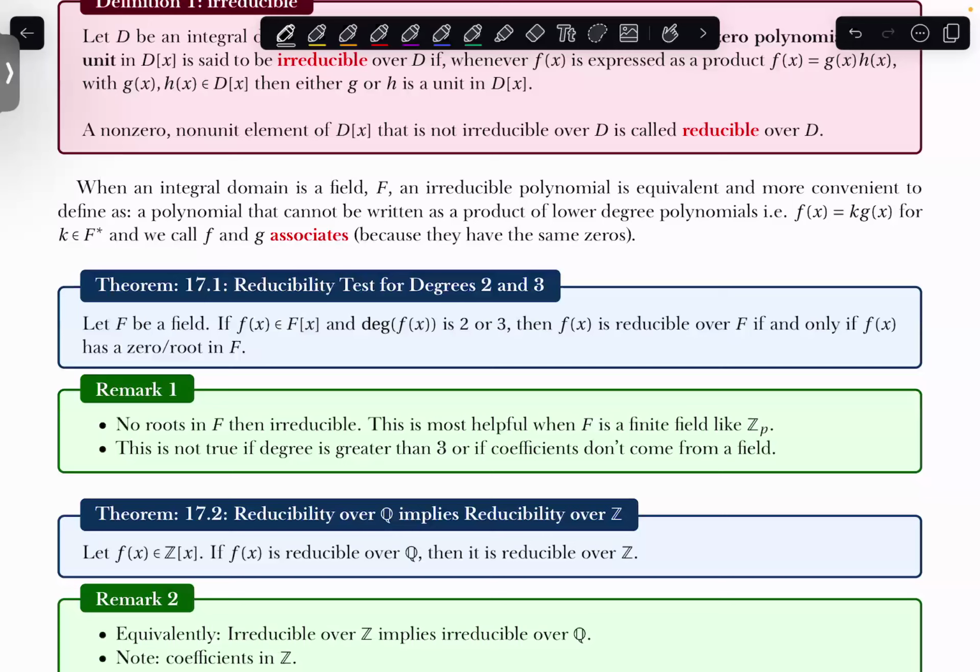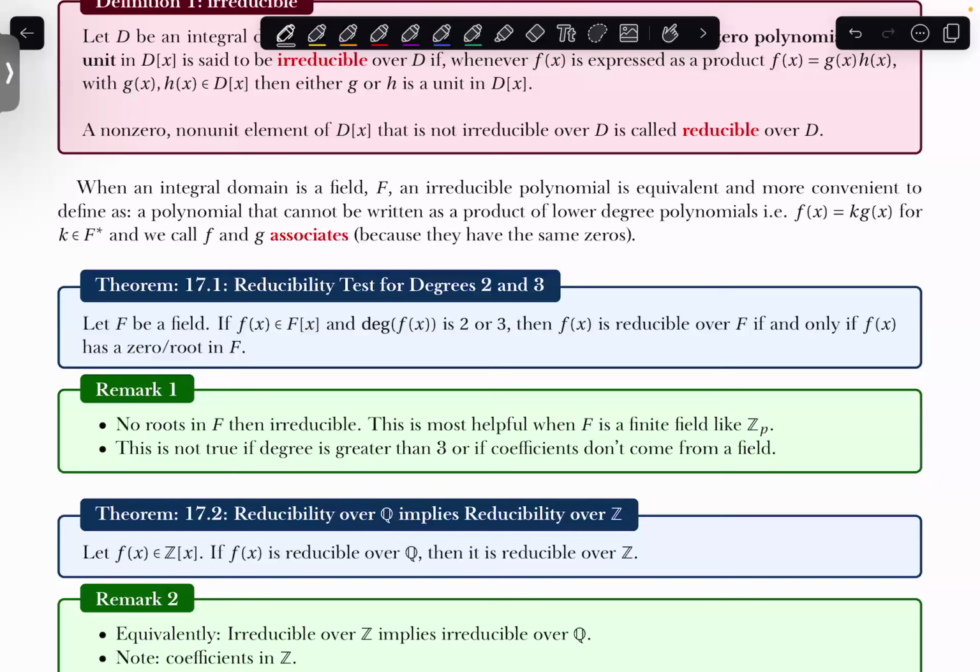And if you have a linear term show up, then you're going to have a root inside of the field F. So this is telling us that f is going to be reducible if and only if we have zeros or roots inside of capital F. And so again, because this is if and only if, anything I know about f being reducible or irreducible is going to tell me information about whether I have roots inside of my field F.